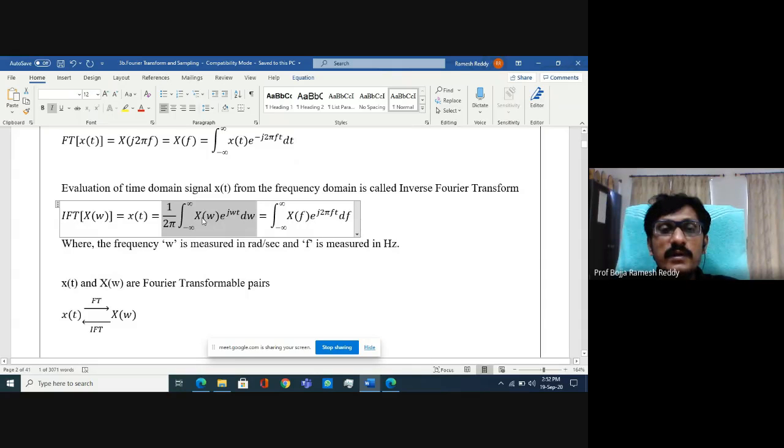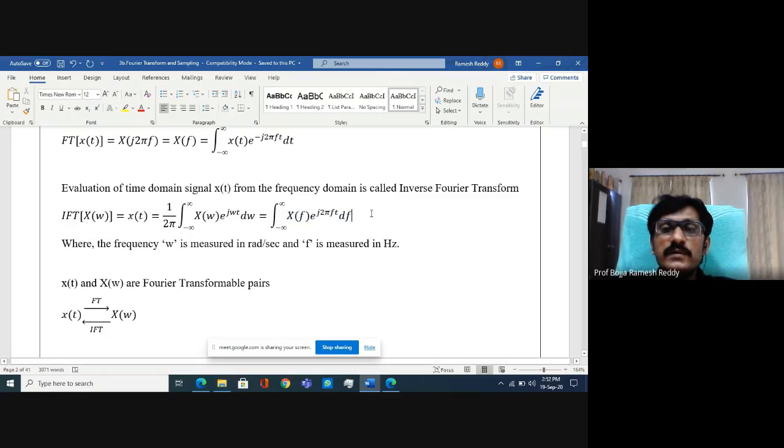In terms of omega, use 1 by 2 pi. This is the important thing. If we use the f domain, then no need to use 1 by 2 pi, because here it is d omega, integration with respect to omega. If omega is equal to 2 pi f, then d omega is equal to 2 pi into df. Here we will get 2 pi, and 1 by 2 pi and 2 pi get cancelled. Therefore, if it is defined in the f domain, no need to use 1 by 2 pi.